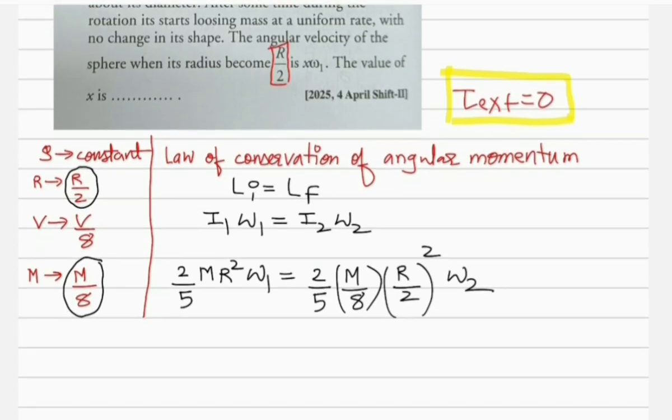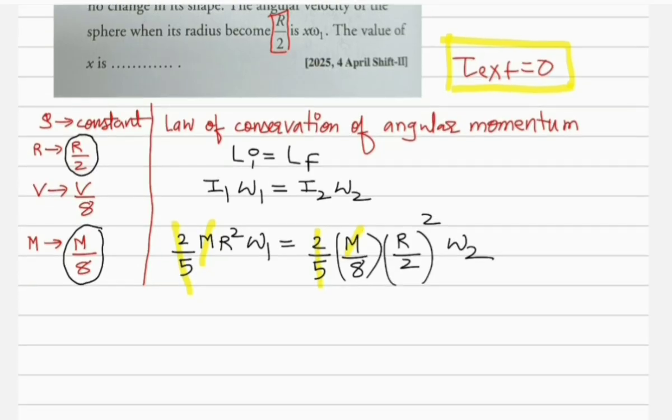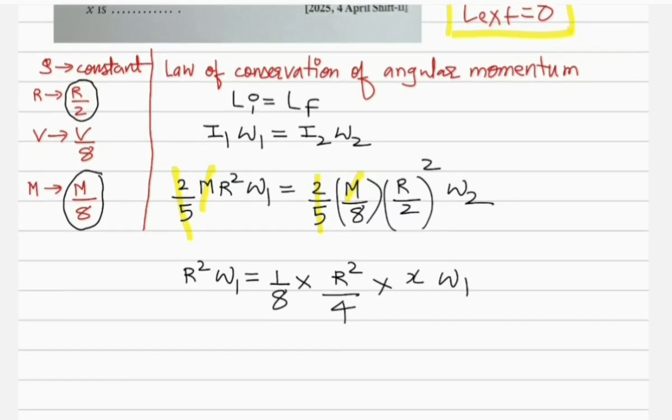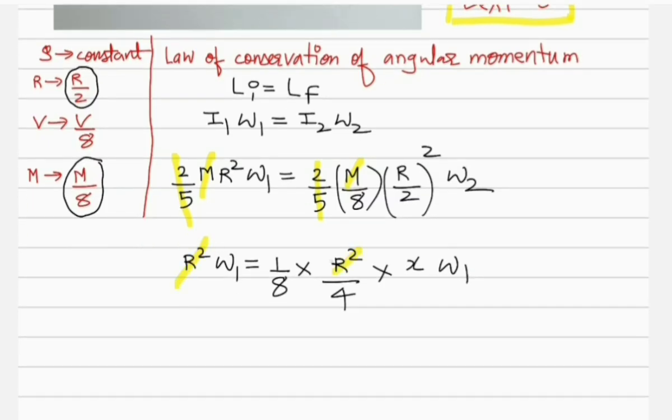Now we can do some cancellation here. 2/5 will cancel out, m will cancel out, right? Simplify the radius square and cancel. So r² into omega 1, students, will give you 1/8 into r² divided by 4. As per the data you must have seen, the value of omega 2 is x times omega 1, so I can replace omega 2 by x times omega 1. Now r² will cancel out, omega 1 will also cancel out.